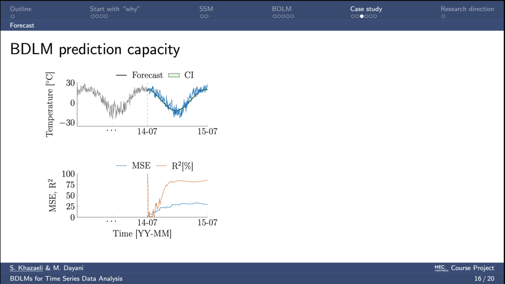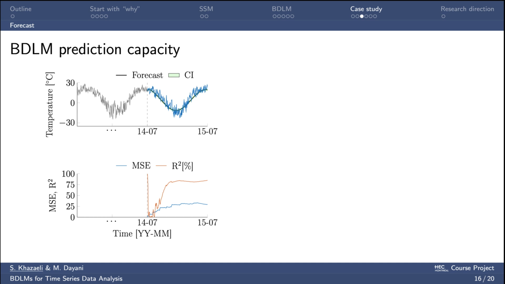The solid black line is the mean prediction, and the green area is the confidence interval. As you can see, the model captures the periodic behavior of the temperature. However, the short-term periodics are not captured. To model such short periodics, we need to add additional periodic components with shorter periods.